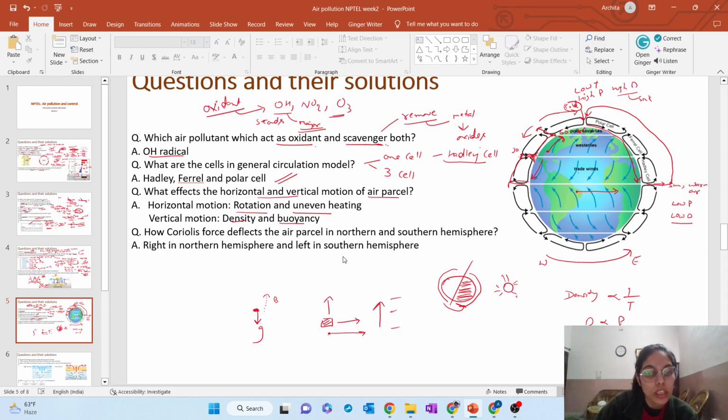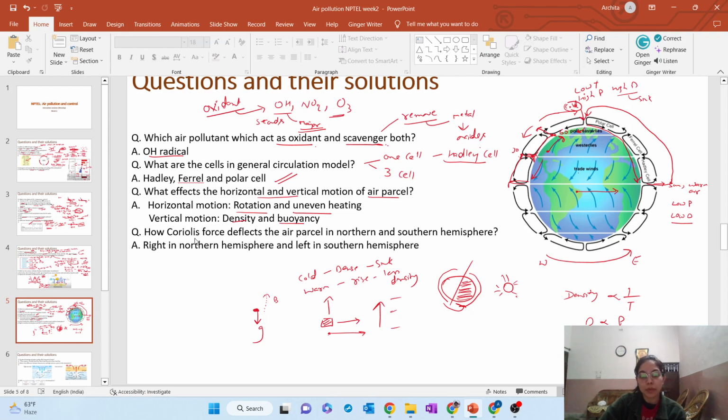And density, because as I discussed multiple times, colder air is more dense and hence it will sink, and warmer or hot air can rise because of less density. Okay, so these are the different factors which affect the horizontal and vertical motion of the air parcel.